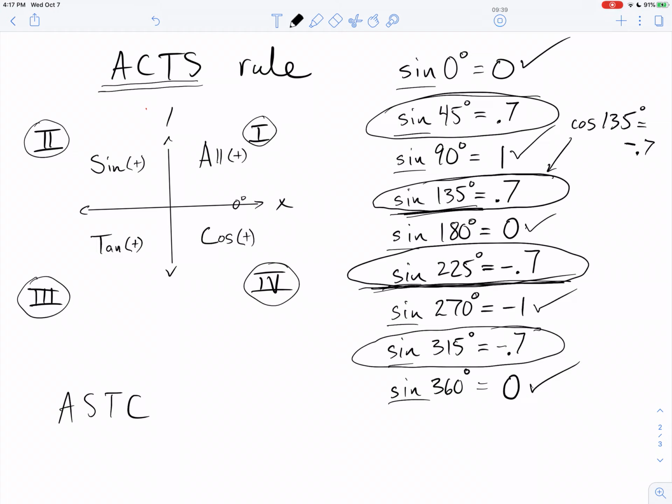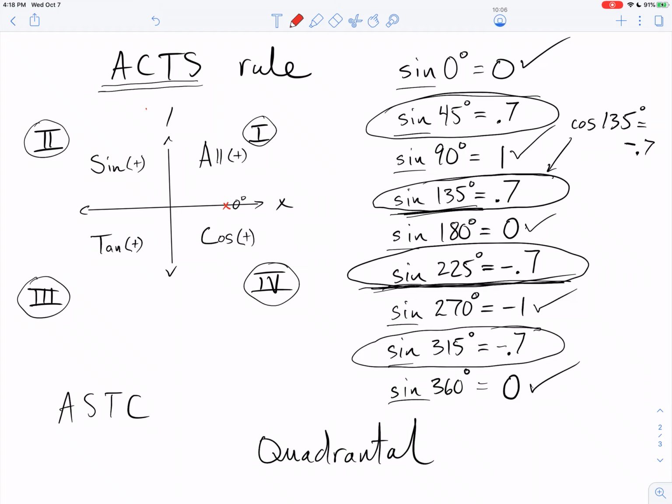Now, these special angles are the ones that we call quadrantal. Quadrantal angles are the ones that lie on our axes. So if you tried to draw a right triangle that has a 0-degree angle in it, guess what?